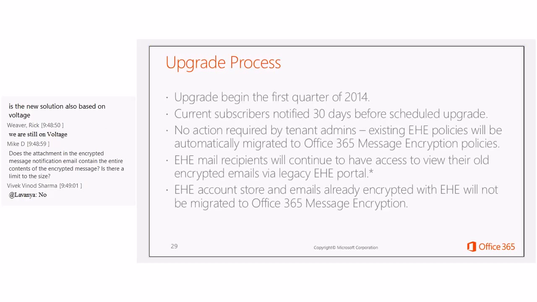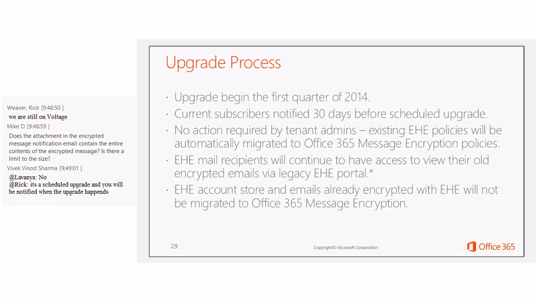Key thing here is that the EHE account store and emails already encrypted with EHE are not going to be migrated to Office 365 message encryption. In other words, you have a set of encryption keys using Voltage and EHE. Those keys are not going to be migrated or somehow transferred over to the Azure RMS service.